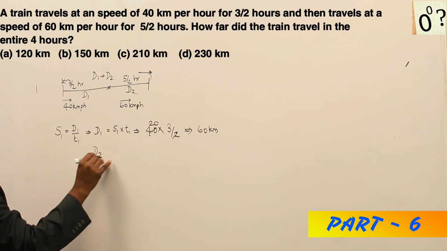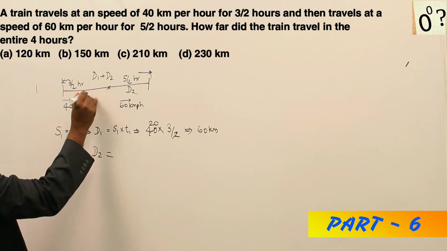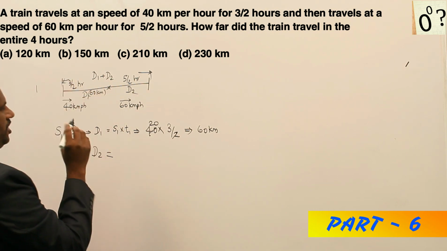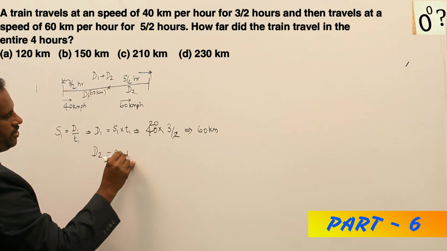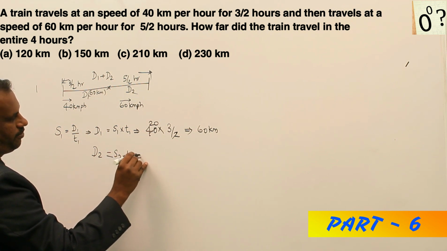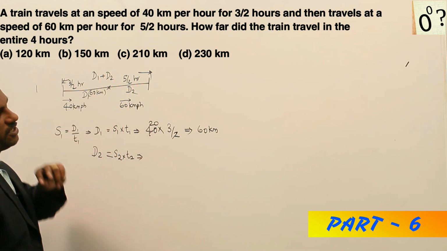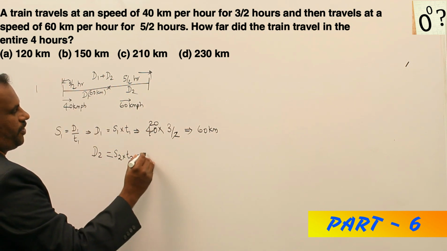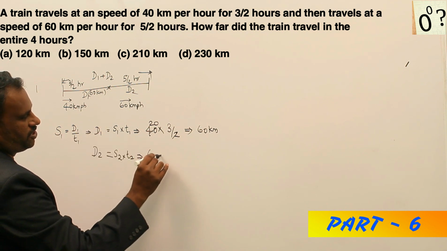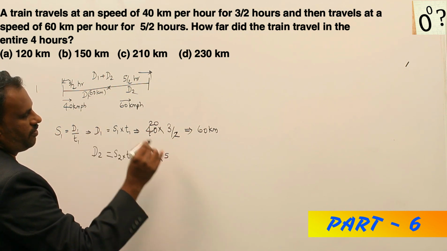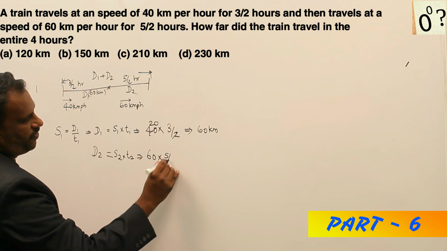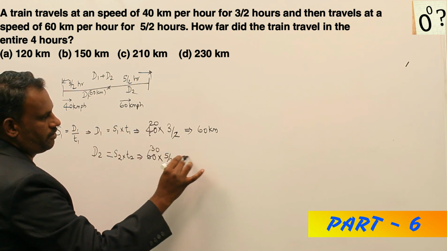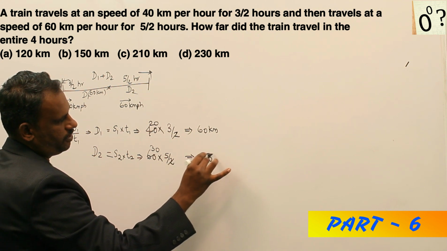Whereas D2, distance 2, up to here it's 60 km. D2 is equal to speed 2 into time 2. Speed 2 is the train's speed after 3/2 hours, when it goes 60 km per hour. So the speed of the train is 60, and how long does it travel? 5/2 hours. If we cancel this, we get 150 kilometers.